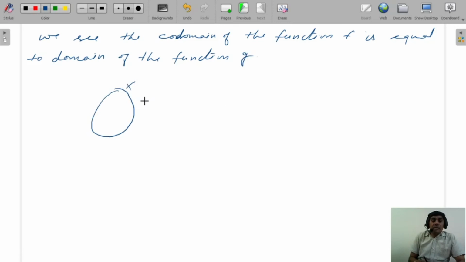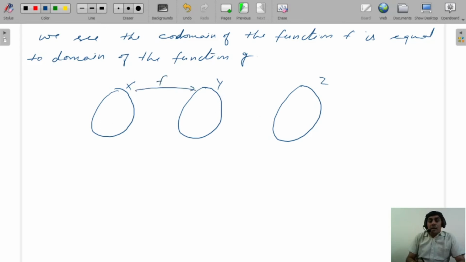X, Y and Z are three non-empty sets. f is a function from X to Y. g is a function from Y to Z. Then their composition g of f from X to Z, the domain of function g is equal to the codomain of the function f.